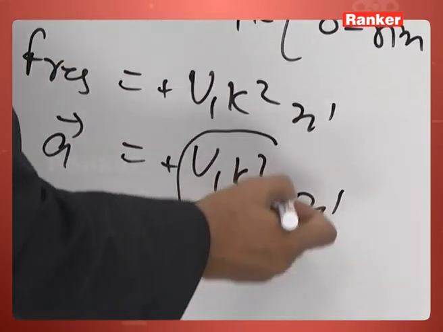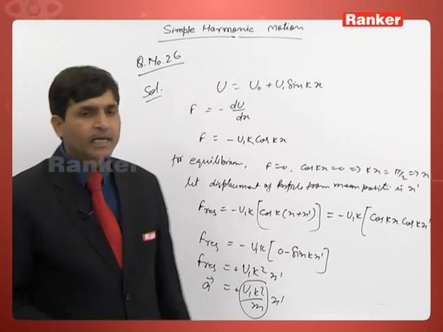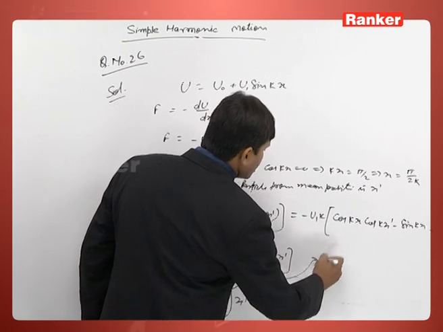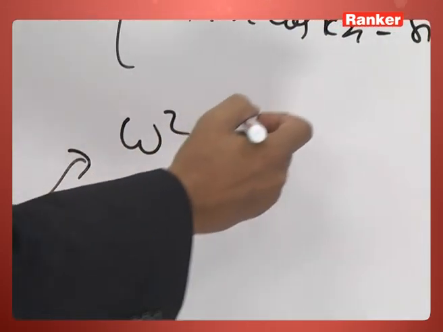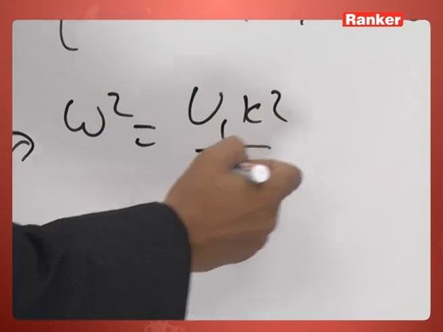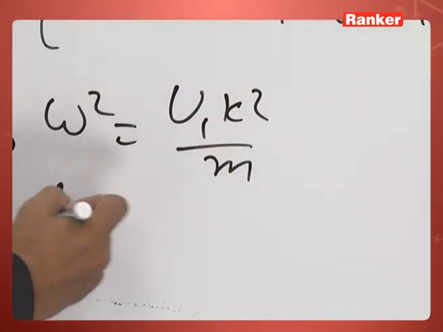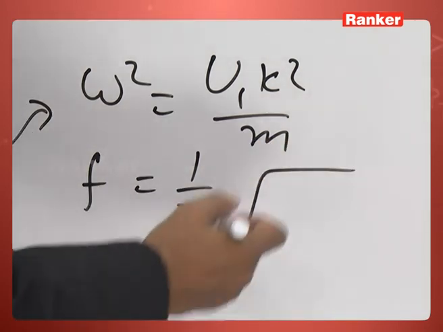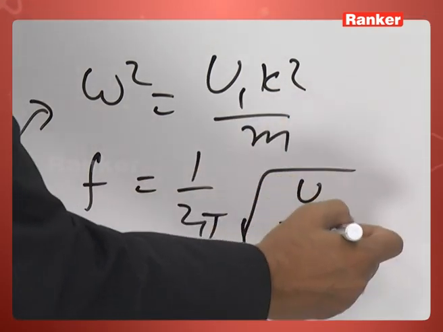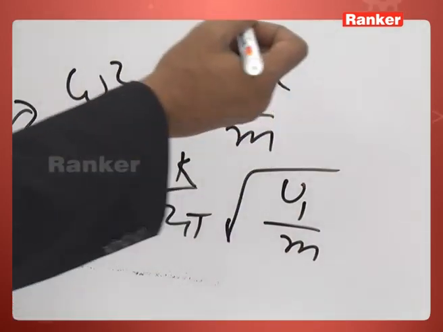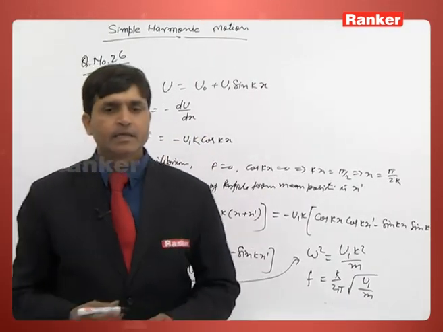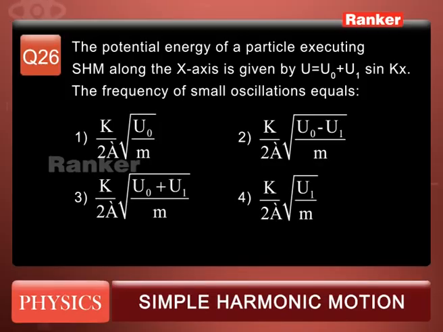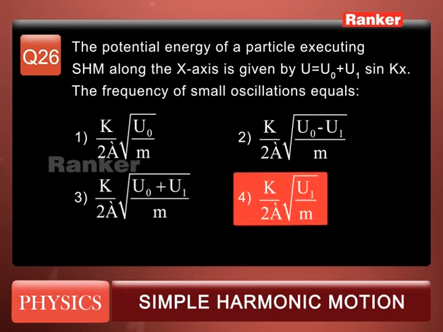This term is called omega square, so omega square is equal to u1 k square by m. So frequency f is 2 pi root over u1 by m, and k square we can take outside. The frequency is k by 2 pi root over u1 by m. So our correct option is option number 4.